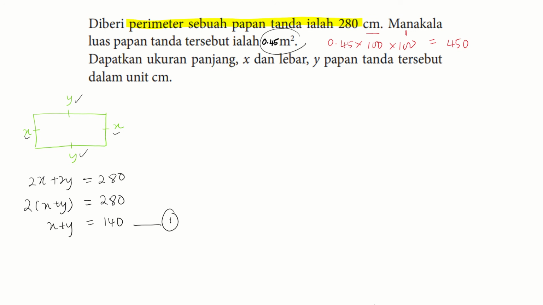Is it correct, class? Oh, another 0. I'm sorry. So the area here is 4500 centimeter square, and we can say that x multiplied by y equals 4500, and this is our second equation.